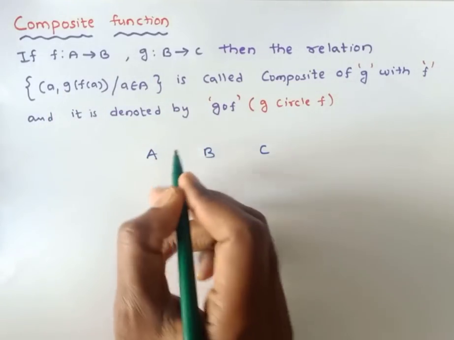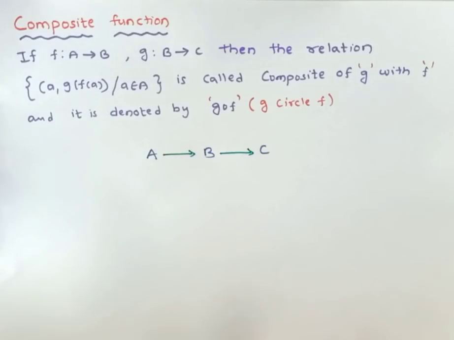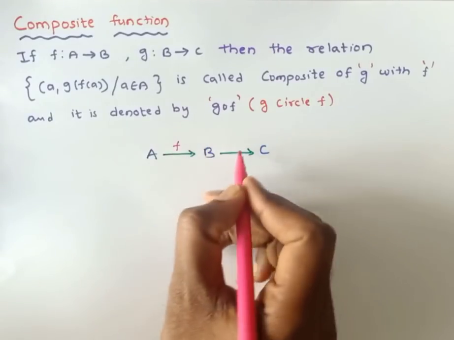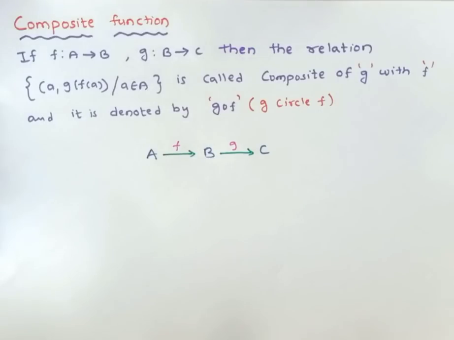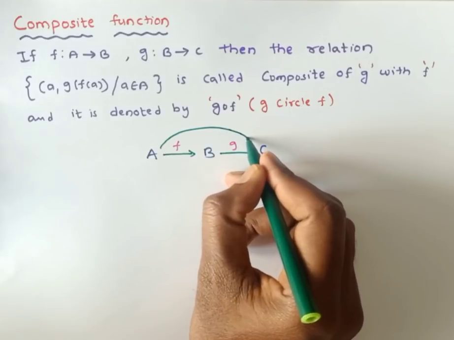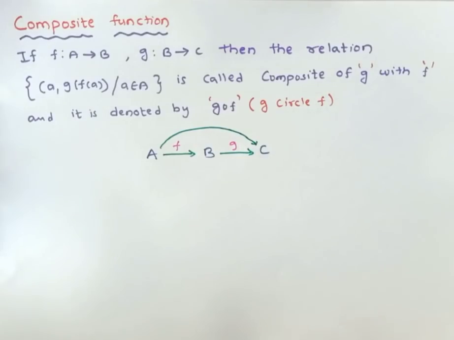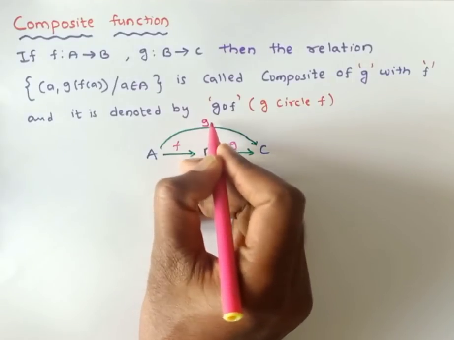Here f is a function from A to B and g is a function from B to C. Then the composition is also a function from A to C. So this is known as g compose f or g circle f.